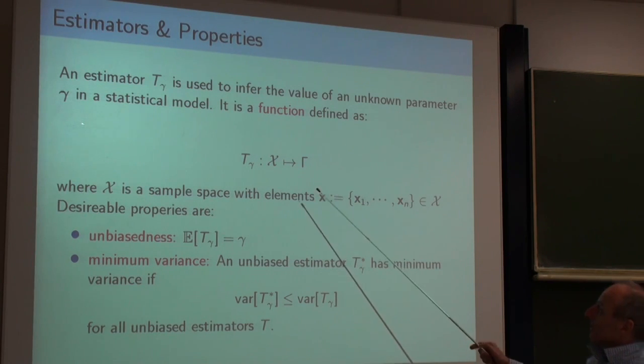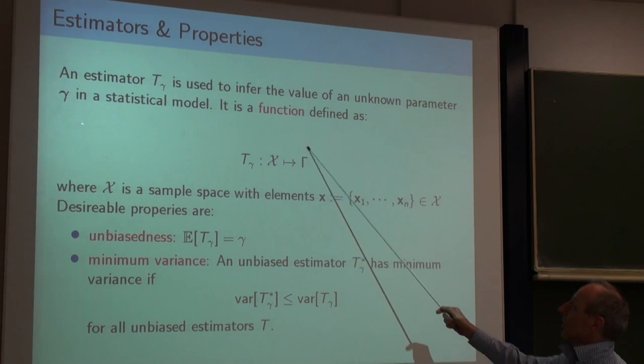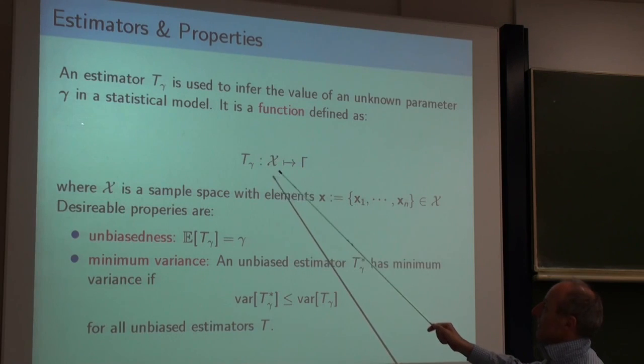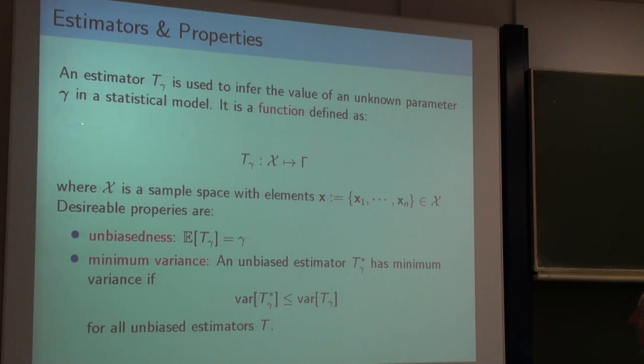Okay, so the estimator is a function that maps our sample x from the sample space onto the parameter space. So one particular sample is a set of data points, x1 through xn.